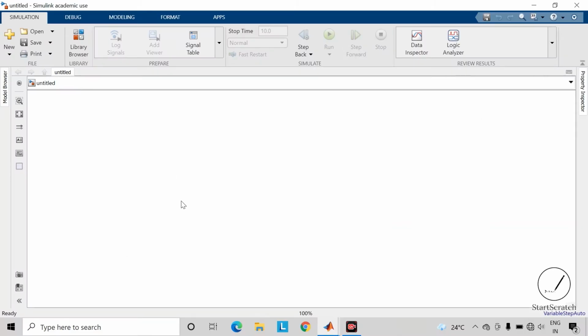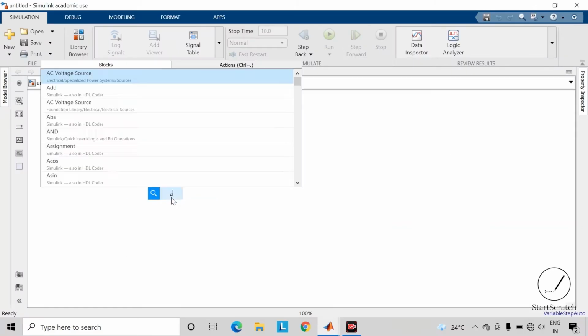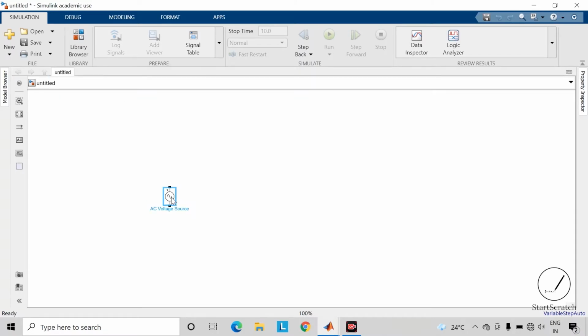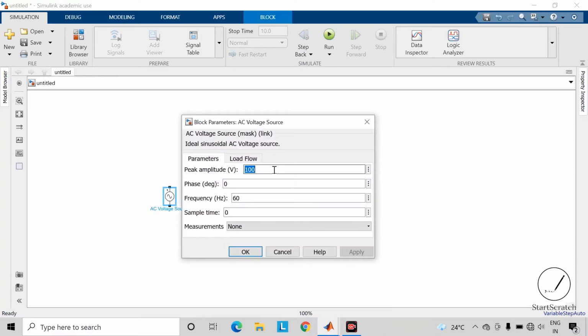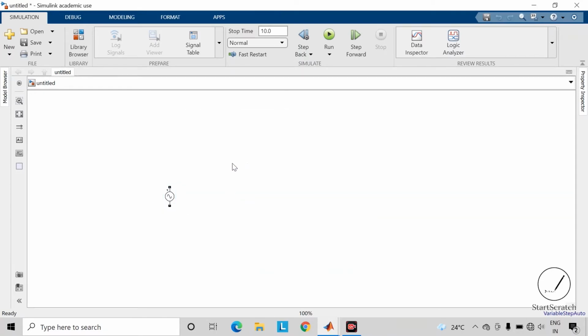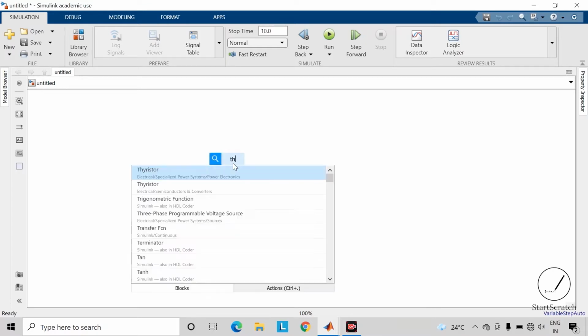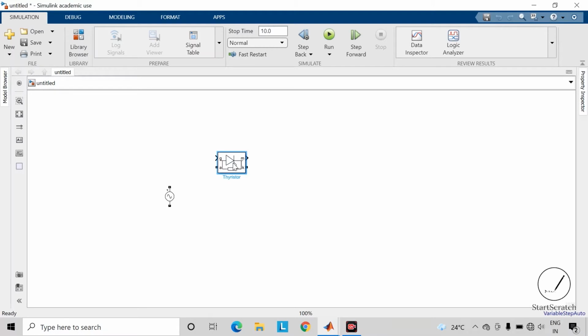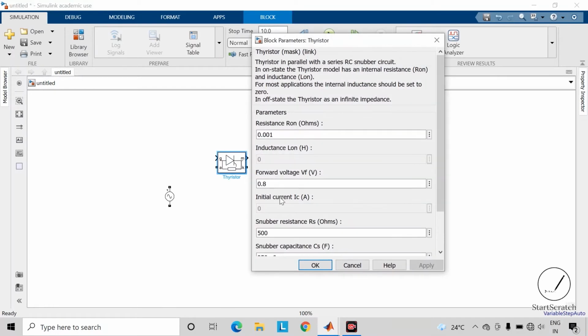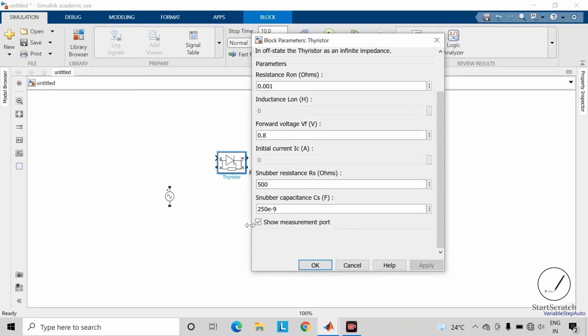Let us start with AC voltage source. Change here the peak amplitude to 325 volts and frequency to 50 Hz. Now take the thyristors present in the specialized power system library. Remove the measurement port of this thyristor.